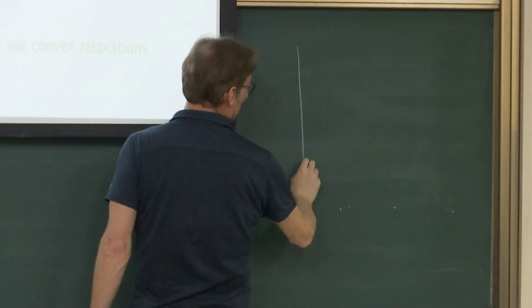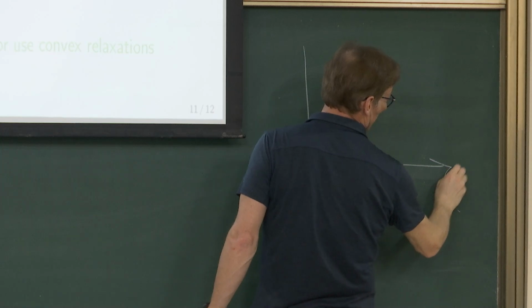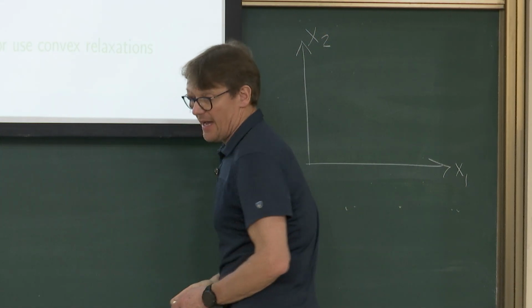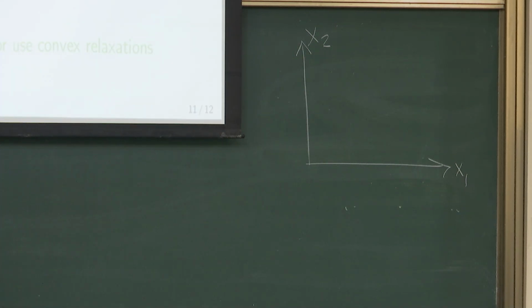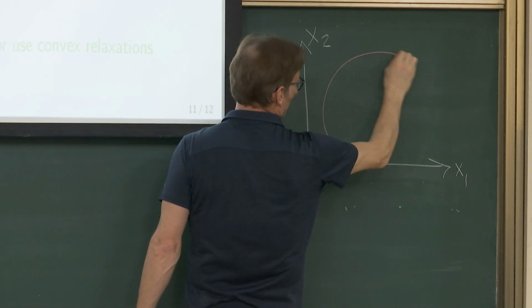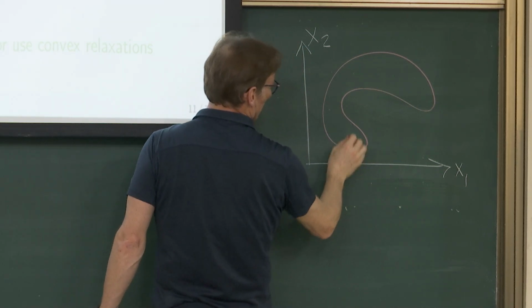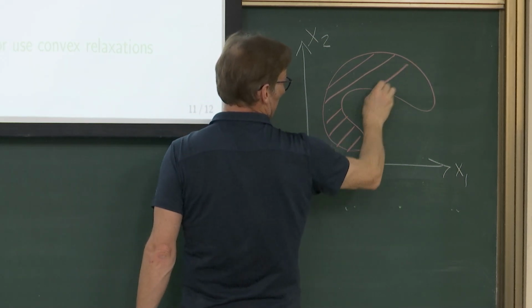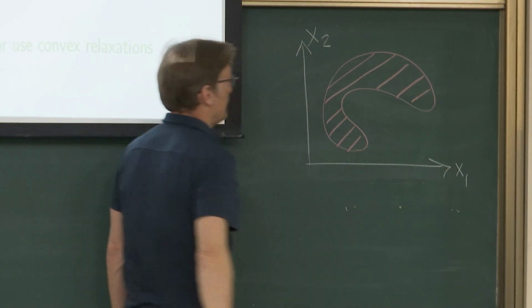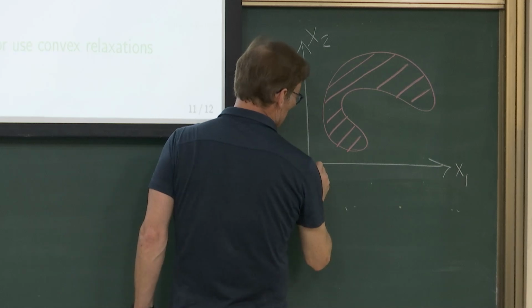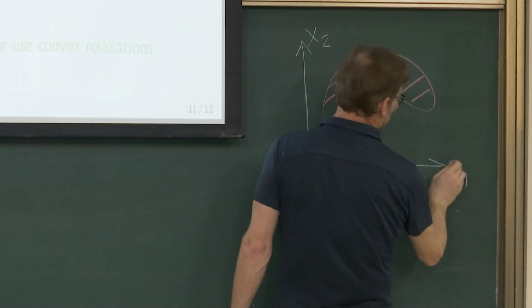So let's say we have two variables, x1 and x2. And we have a non-convex feasible set. That's this set here, this red set. And I have maybe initial bounds on x1 and x2 that are just between 0 and some upper value here.